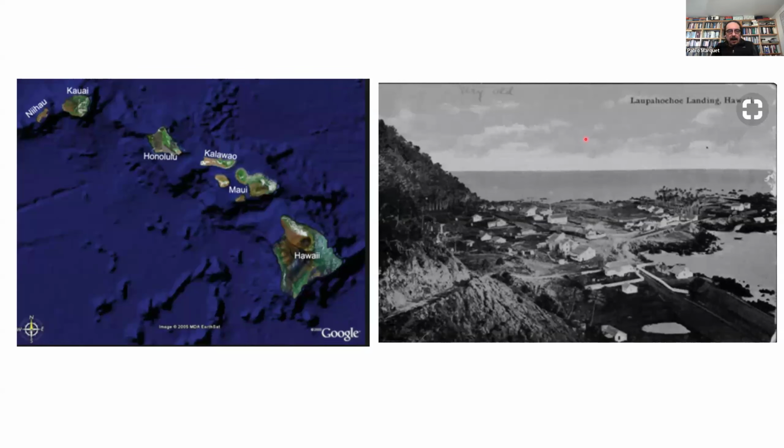And the system was the Hawaiian archipelago. What happened in the Hawaiian archipelago is that it was colonized by the British. What the British did, as you see here in the picture to the right, was settle down in the lower part of the islands.